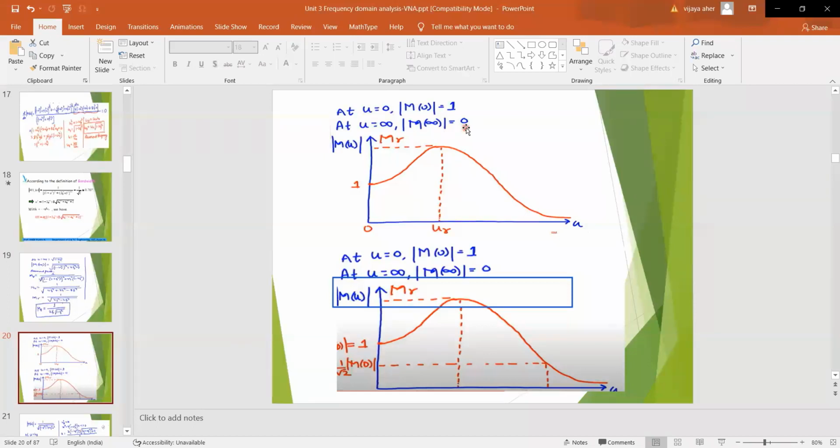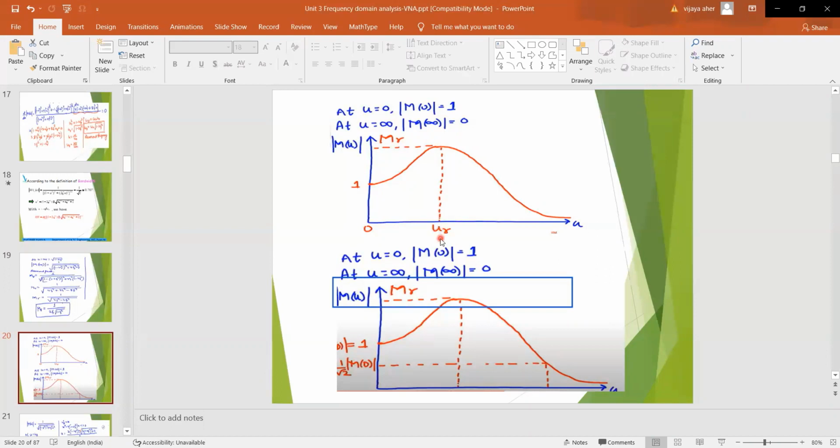At u equal to infinity, the magnitude is equal to 0. But at the normalized resonant frequency, you have the maximum peak, the resonant peak, that is nothing but MR. So this MR is the resonant peak at the resonant frequency.